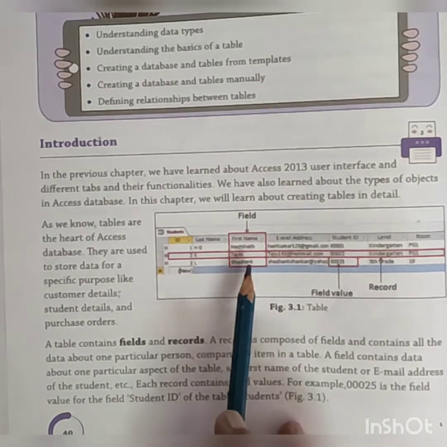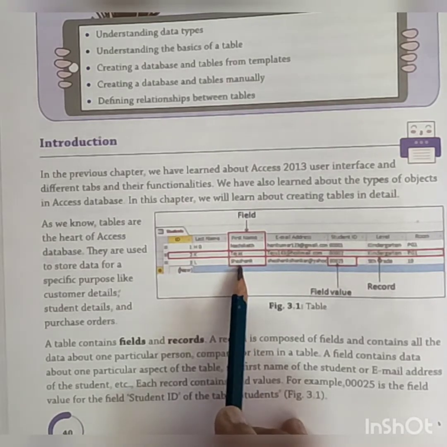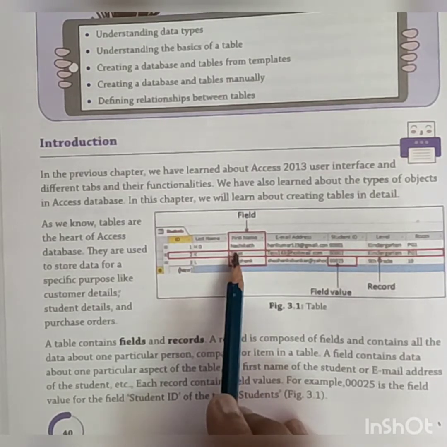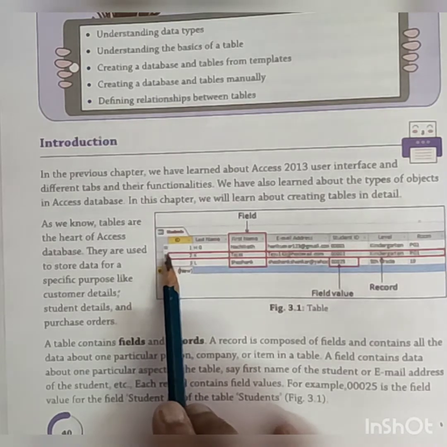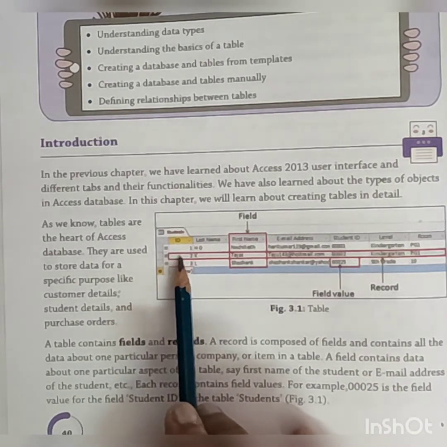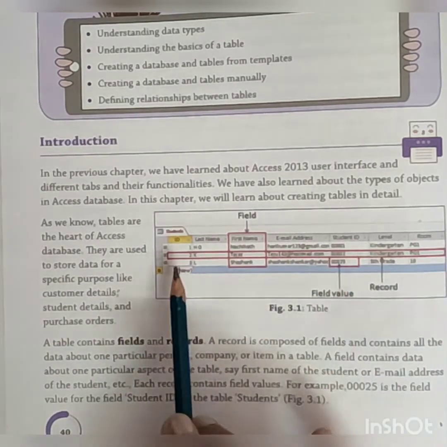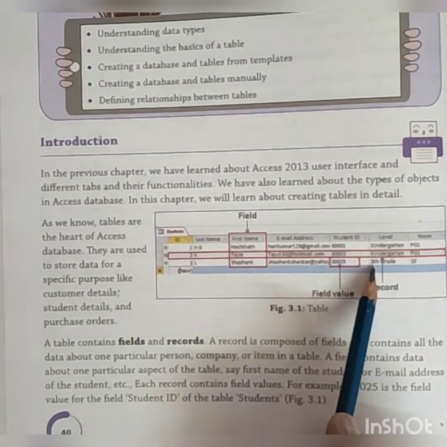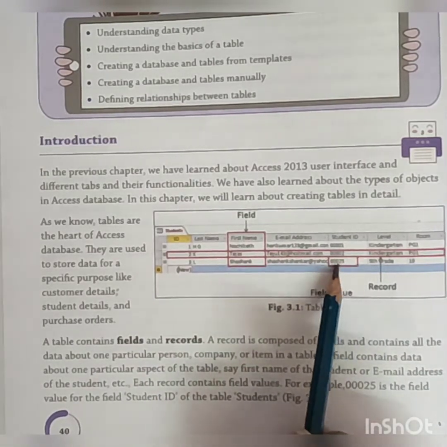In this figure you can see that this particular portion is known as a field. First name is a field, and in the first name they are writing the names of the students. This horizontal row, that is ID number 2, name of the student, last name, is called a record, and this particular item is called a field value.